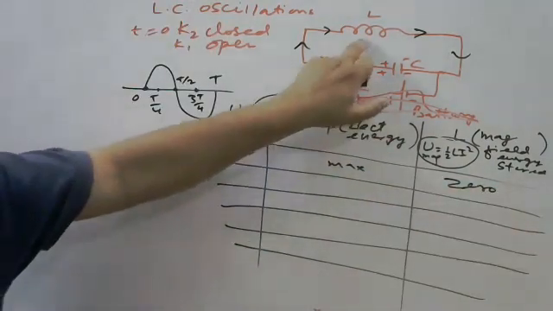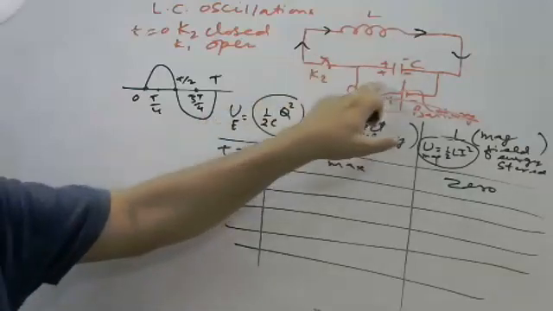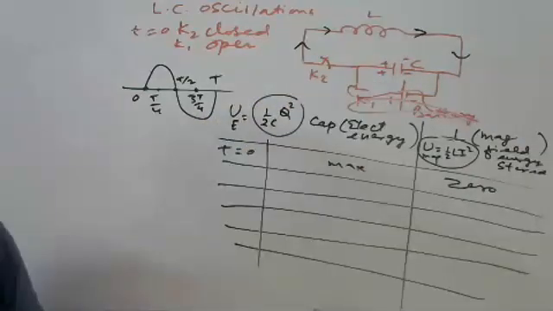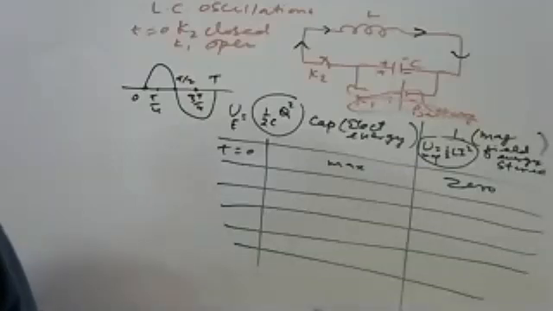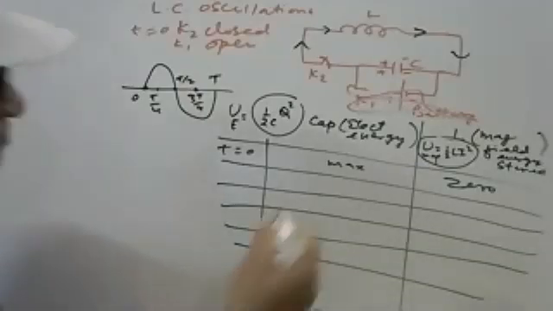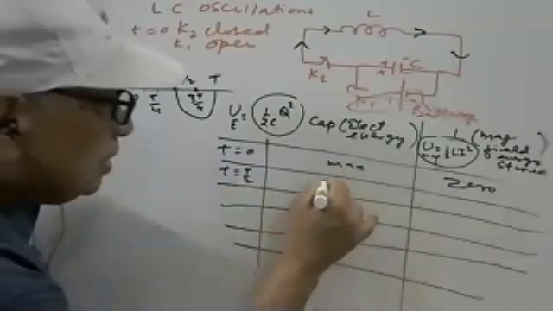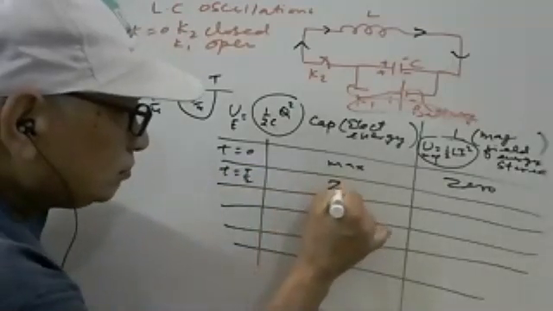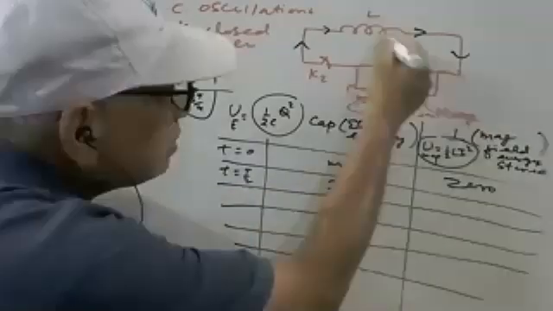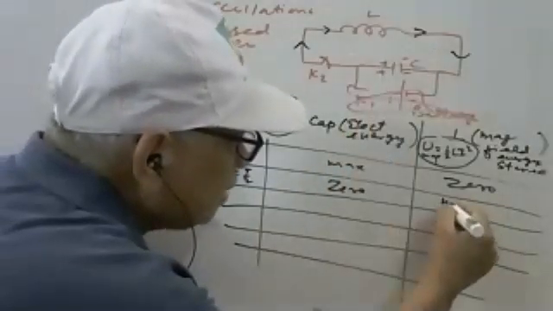This energy is transferring to this. So this electrical energy is getting reduced here. At t is equal to T by 2, what will happen? It is 0, decreasing, and this energy is increasing to maximum.